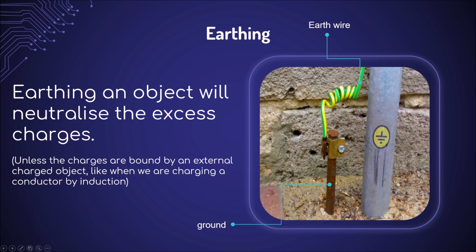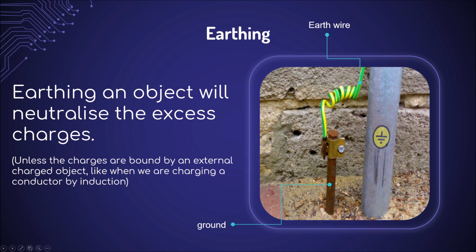If you are interested to learn more about earthing, what the meaning of earth ground is, and why it is really called ground, you can look it up on Google. I can provide the link if you want. This pole over here is literally stuck to the ground, which is why we literally use the terms ground and earth.